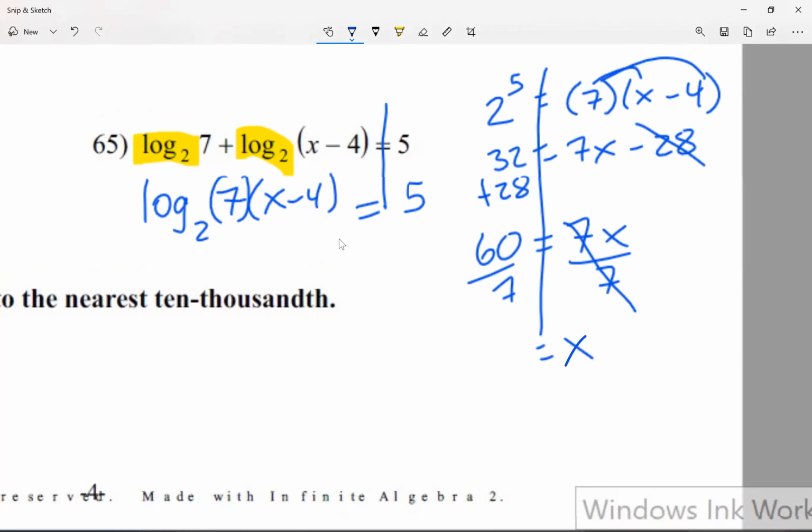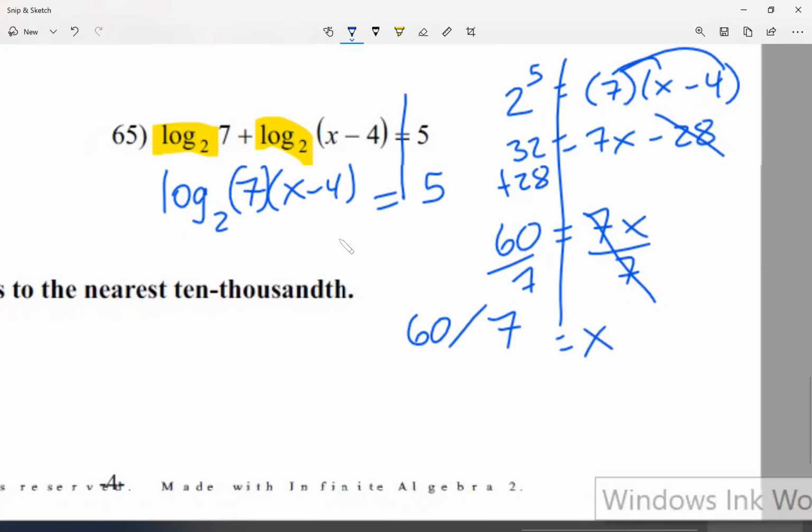Now 60 divided by 7 gives me a decimal. We're going to keep it as a fraction, because with decimals we're only rounding things up. I'm going to keep it as a fraction, 60 over 7. If you can simplify the fraction, by all means do simplify. In this case, we cannot. So I'm just going to keep it as 60 over 7.